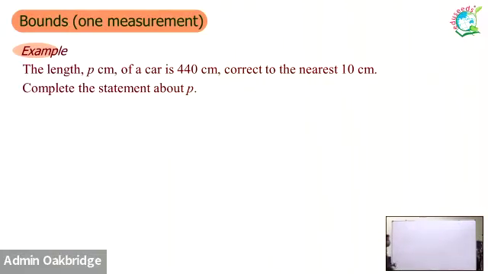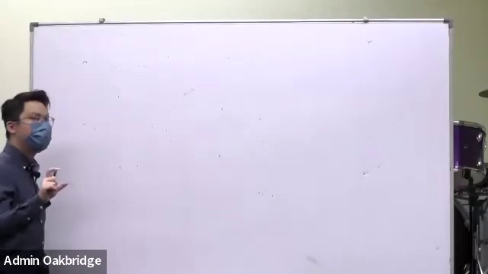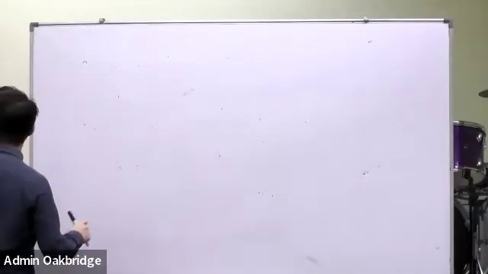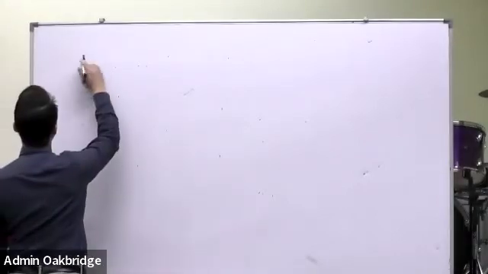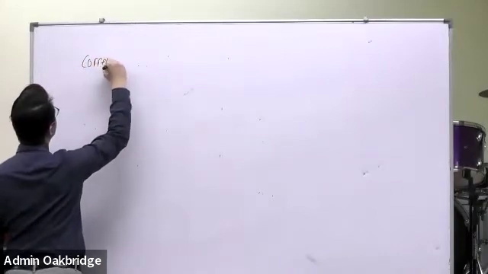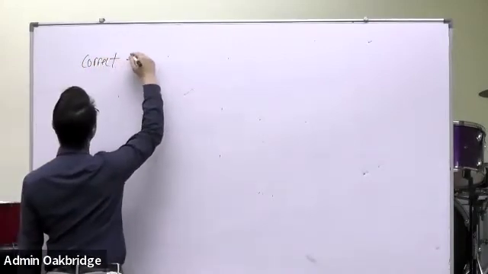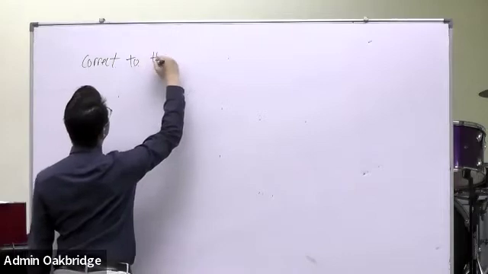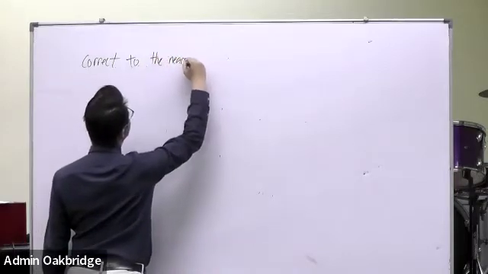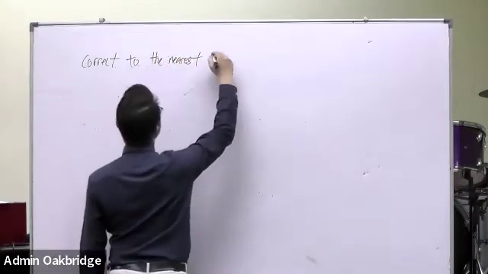All right, so this one, again, your very first step is always to get the accuracy of the measurement. So what is the accuracy of the measurement? The keyword is correct to the nearest 10 cm.